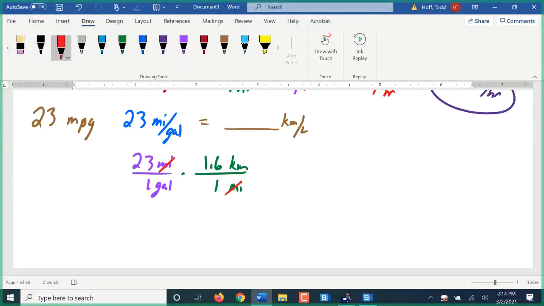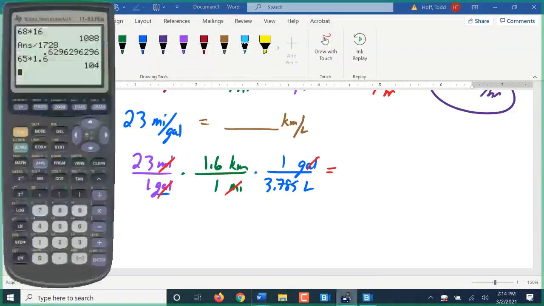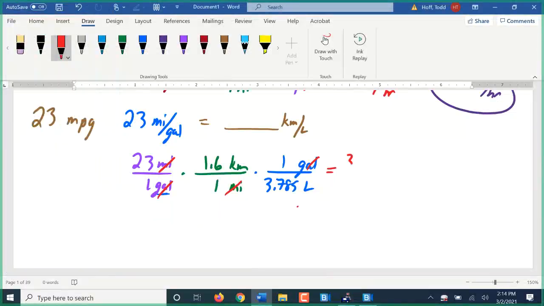We want to get kilometers per liter, so we've got to get rid of the gallons. Gallons are on bottom, so we're going to put them on top. 1 gallon is 3.785 liters. So the gallons cancel out. On top, we have 23 times 1.6 kilometers, which is 36.8 kilometers. On bottom, we have 1 times 3.785 liters.